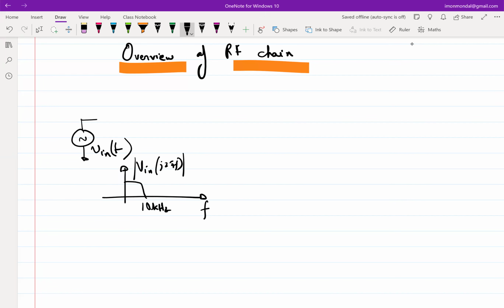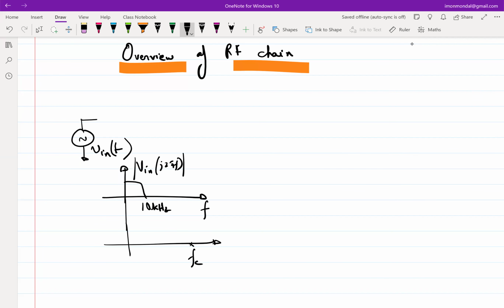But 10 kilohertz led to a very large size of the antenna. So we wanted to ensure that this 10 kilohertz content gets translated to some frequency, let me call it FC, somewhere around FC, right?